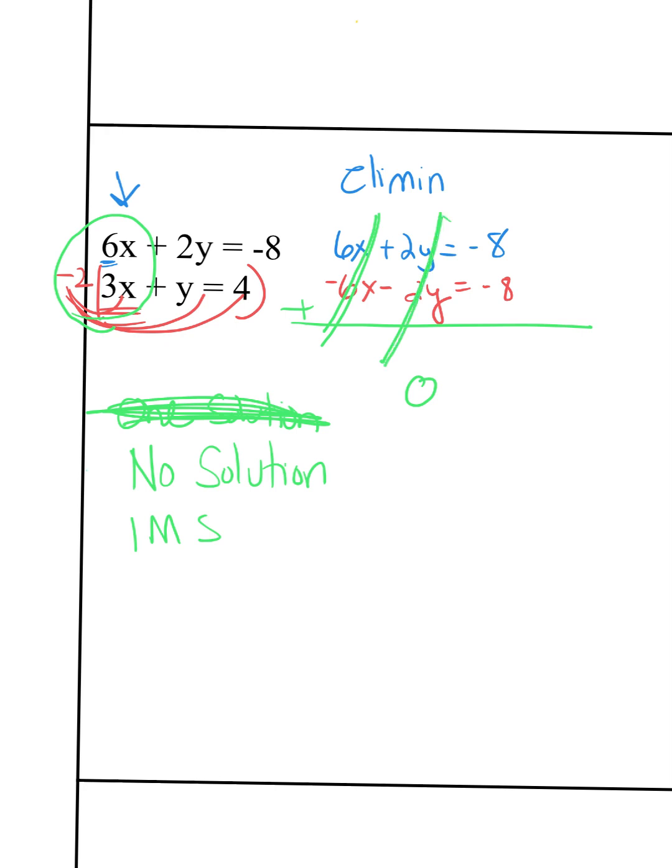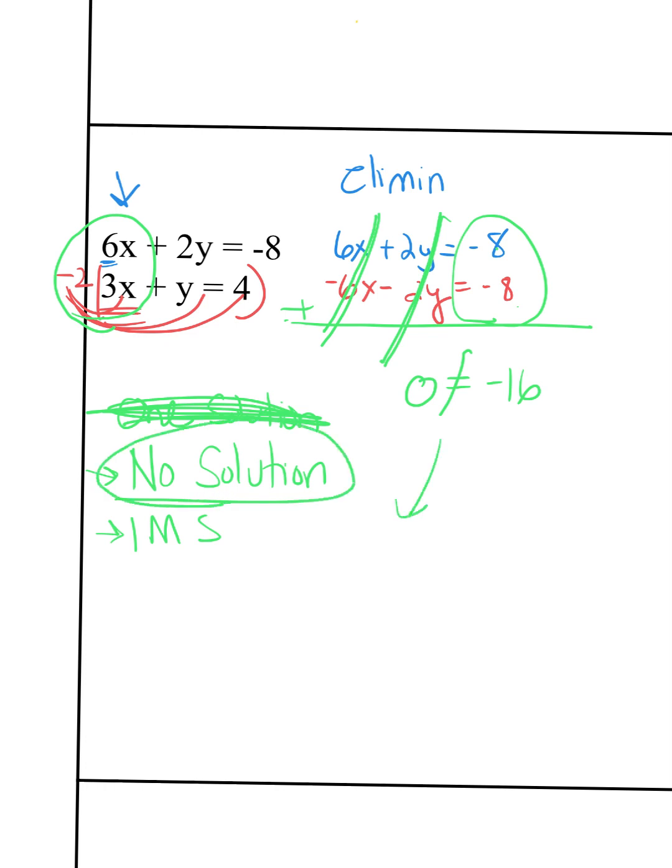It's going to be one of these 2 choices, and how I decide that is by looking at the constants. I have a -8 plus a -8, which is going to give me a -16. That does not equal 0, and therefore there is no solution.